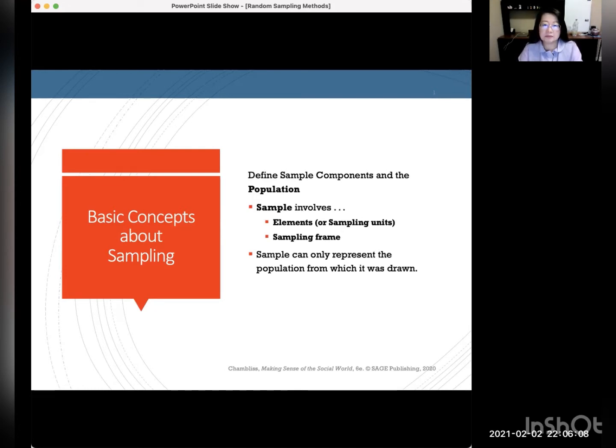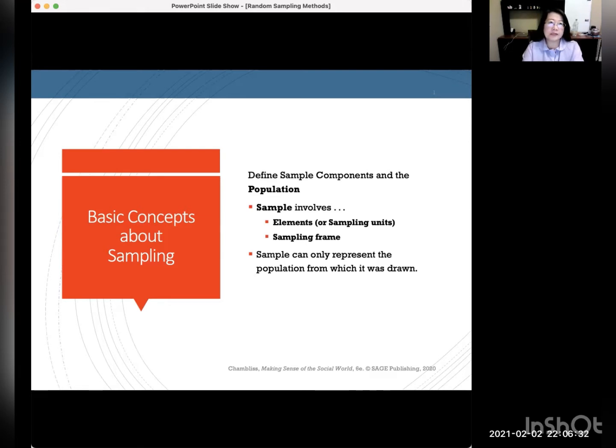There are some basic concepts about sampling. The first concept is population. Population means the entire set of individuals or other entities to which study findings are to be generalized.